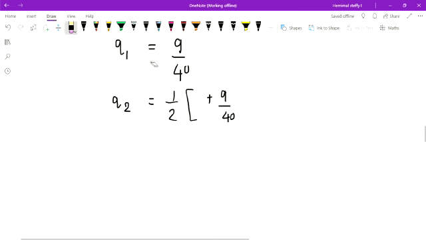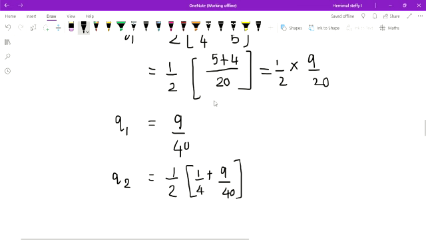Instead of a I can take 1 by 4. Why am I taking the 9 by 40 here? I found this rational number between 1 by 4 and 1 by 5.